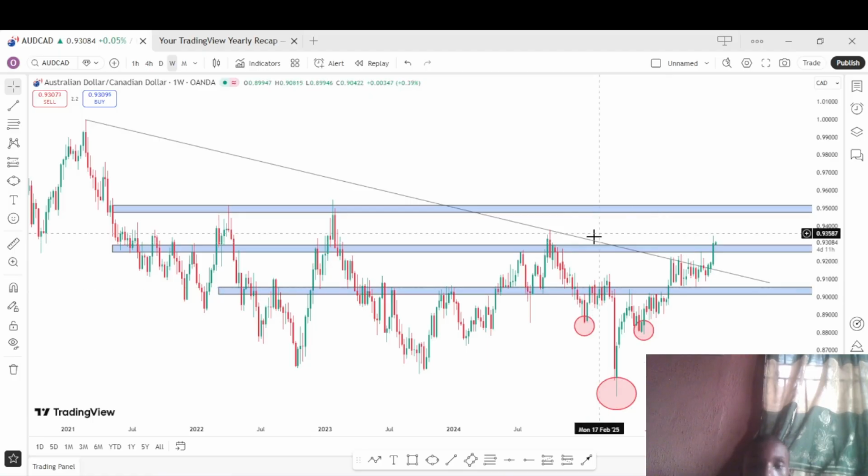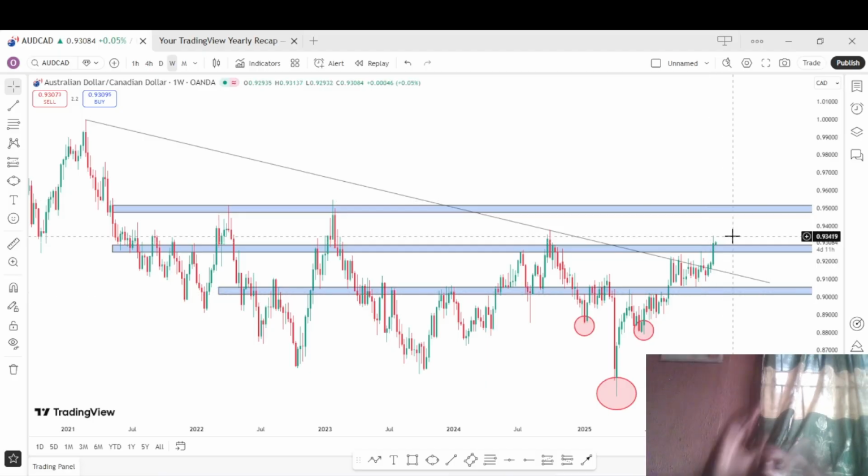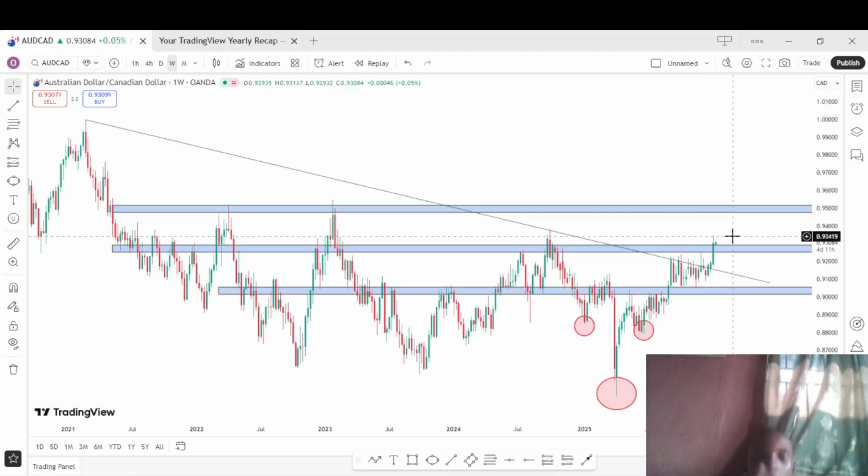So this inverse head and shoulders told us that it's going to change the trend, and now it has broken above this neckline. So we have two criteria telling us that this trend has changed. First, a reversal pattern, that's the inverse head and shoulders, and secondly, the trend has broken above the trend line.